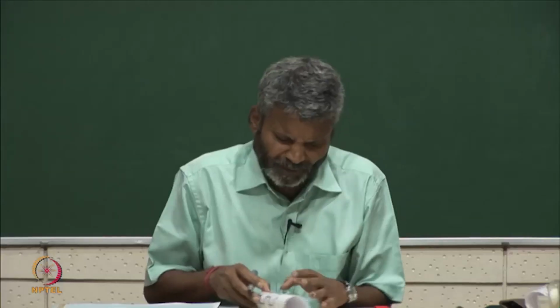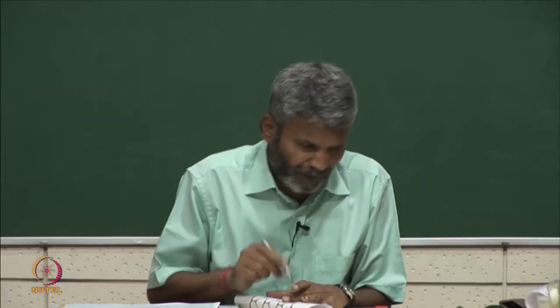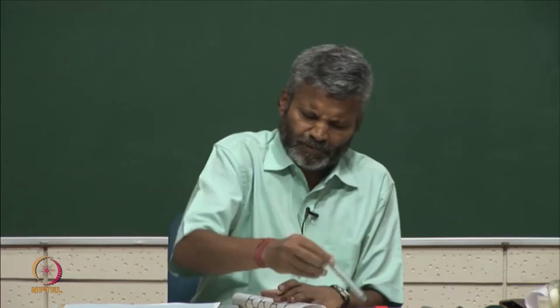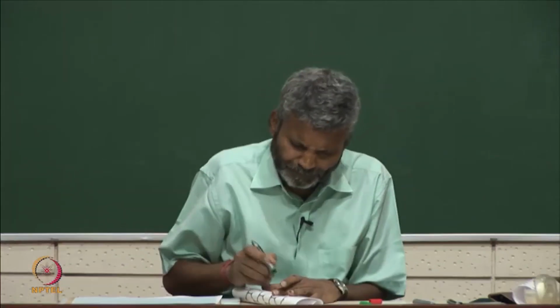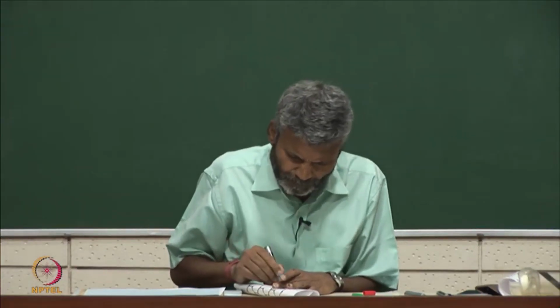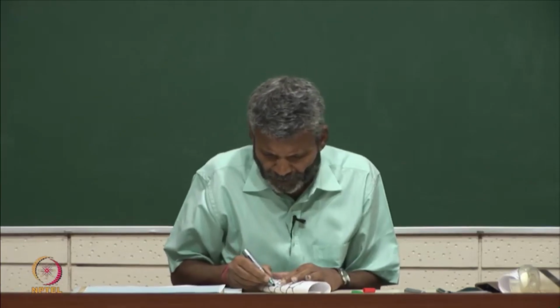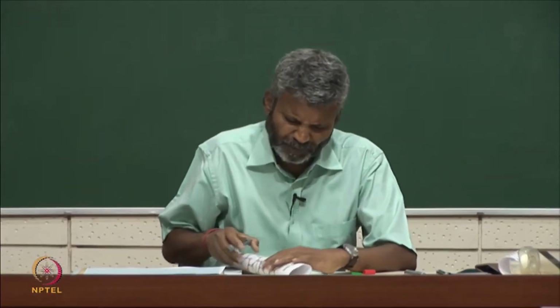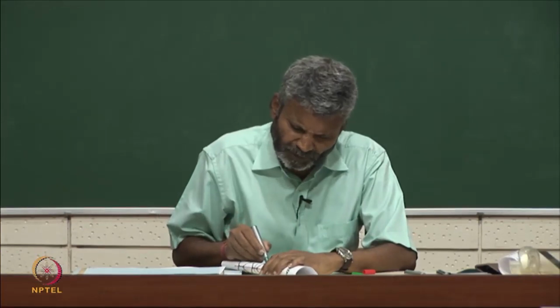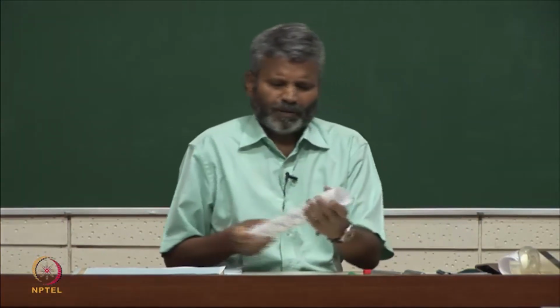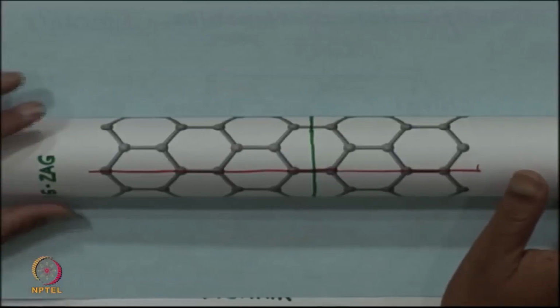Also, there is another mirror plane and that is perpendicular to the tube axis. Let me use another color pen now. This plane, perpendicular to the tube axis, will cut the cylindrical tube in a circle.